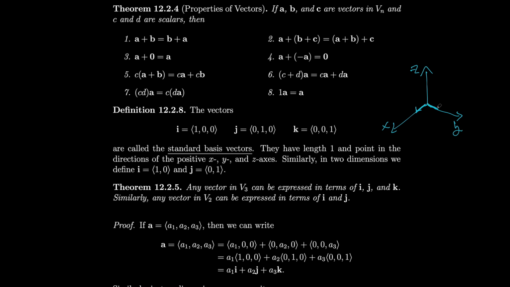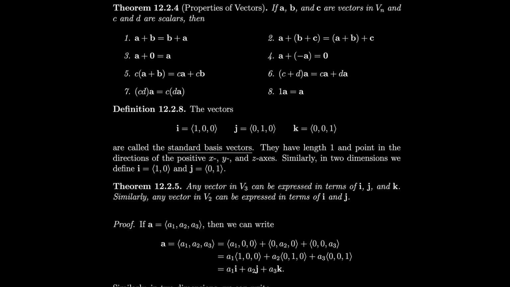Here's a vector j with length 1 poking in the y direction, and vector k in the z direction. In 2 dimensions, you just have i and j. So they all have length 1, and they point in the directions of the positive axes.